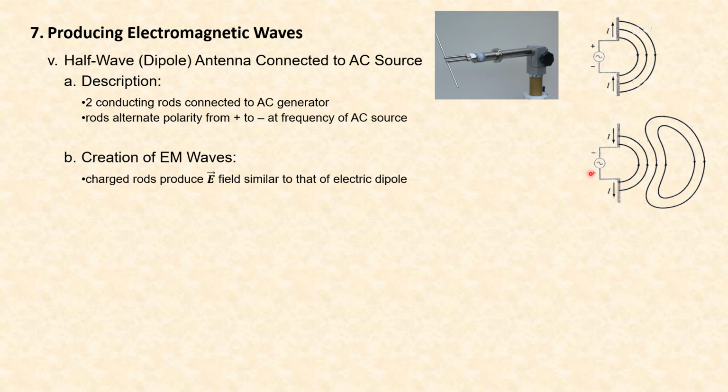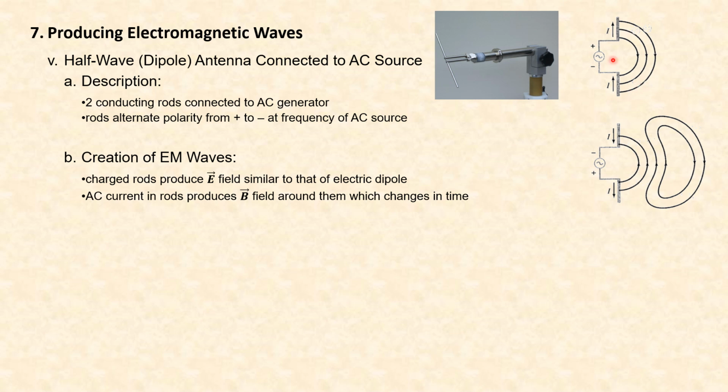If the positive charge is now the bottom rod, the electric field lines reverse direction. But because fields are continuous, these field lines don't stop. When the field changes direction, the field lines fold back on themselves to form these closed loops.